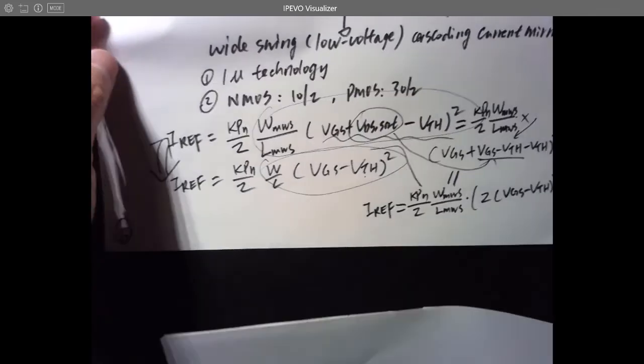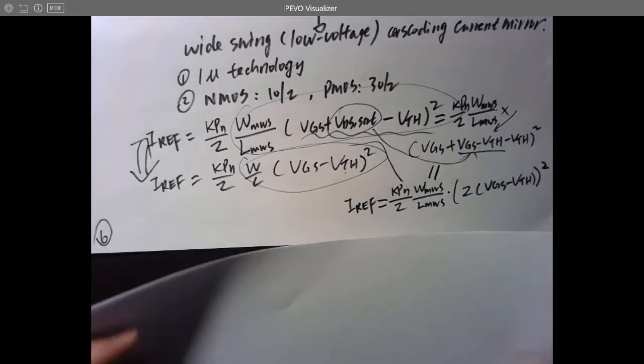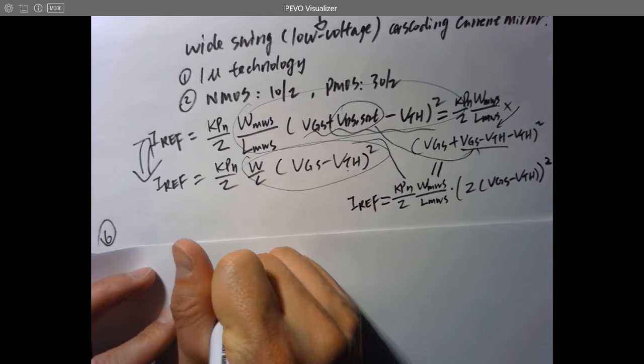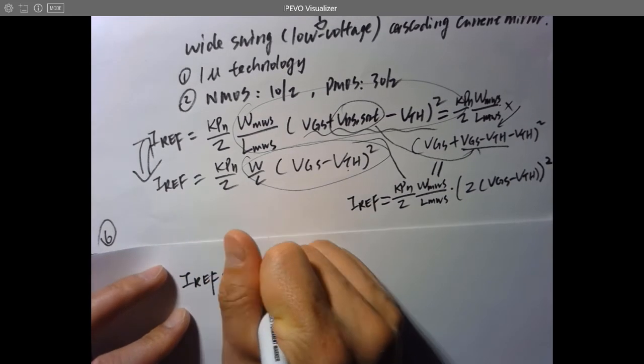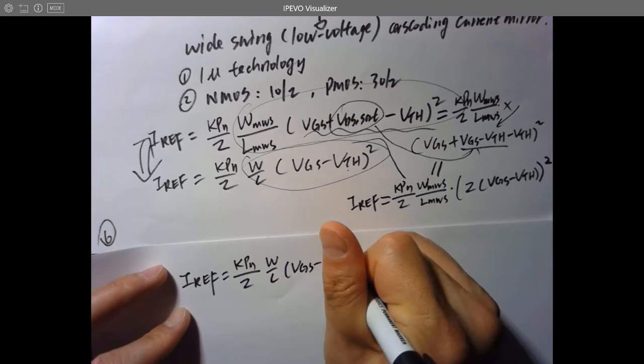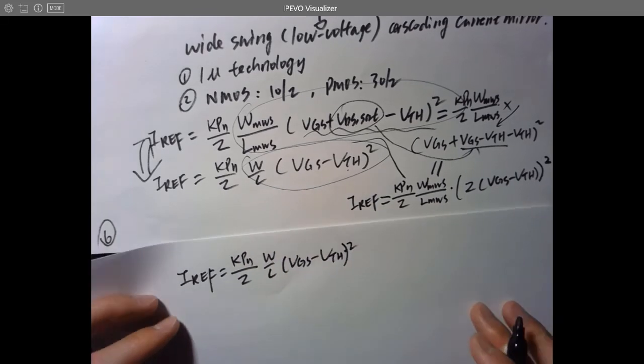So IREF equals KPN over 2 times VGS minus VTH squared. That's the original circuit.